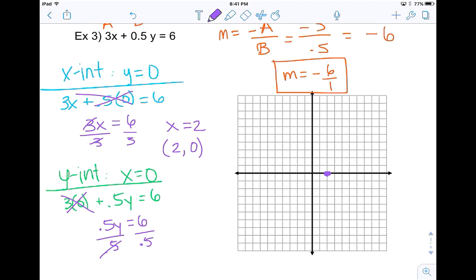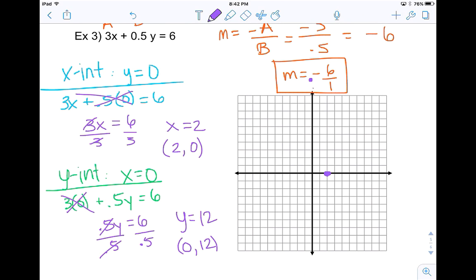Like we talked about when we were solving for our slope, dividing by 0.5 is like dividing by 1/2, and dividing by 1/2 is just like multiplying by 2. So 6 times 2 is going to give us 12, which means our y-intercept will be the point 0, 12. That'll be 12 on the y-axis, which is going to take us off the grid just a little bit. It's only 2 off the graph, so you can still plot it.